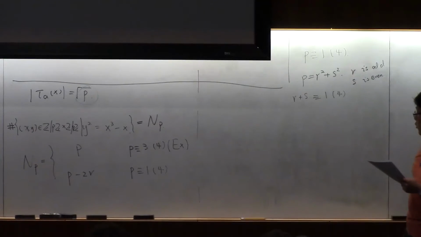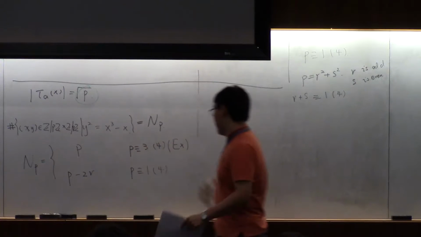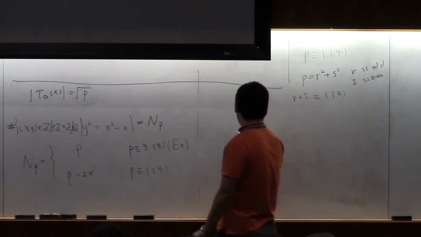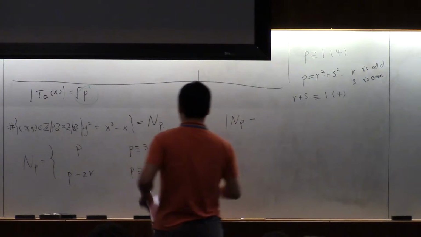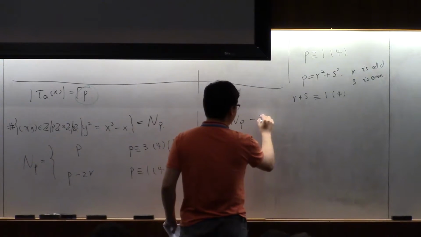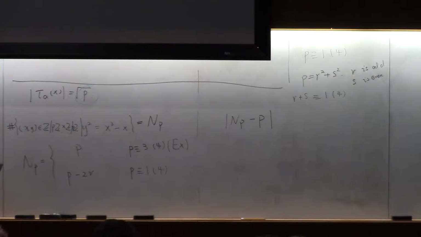But we do not go through the details of the proof of this result. What we really care about is the difference of this number of solutions with the prime p. In the first case, the difference is just 0.